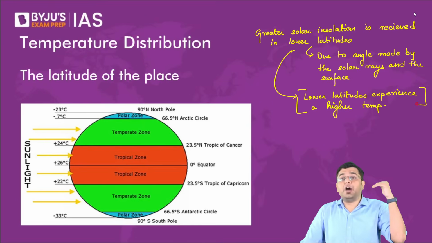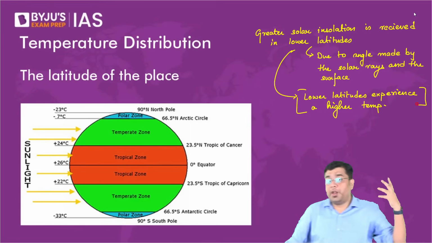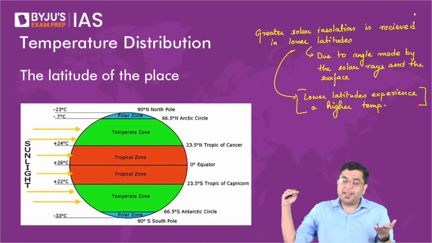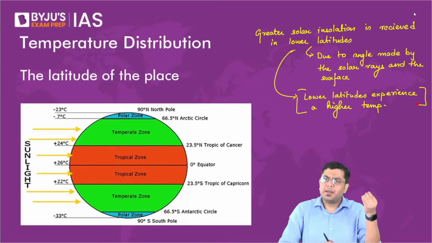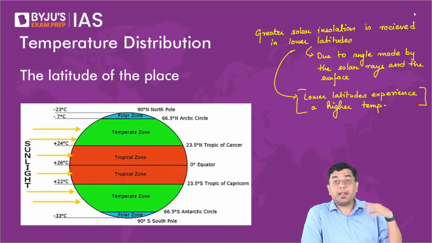Whereas when we talk about the higher latitude, that is closer to the polar areas, now there the solar rays, whenever they fall, they are on an inclination. So you can compare it with the energy in the early morning or in the late afternoon or during the evening. Right now, for example, if you take a look at the position of the sun, it is almost about to set, right?